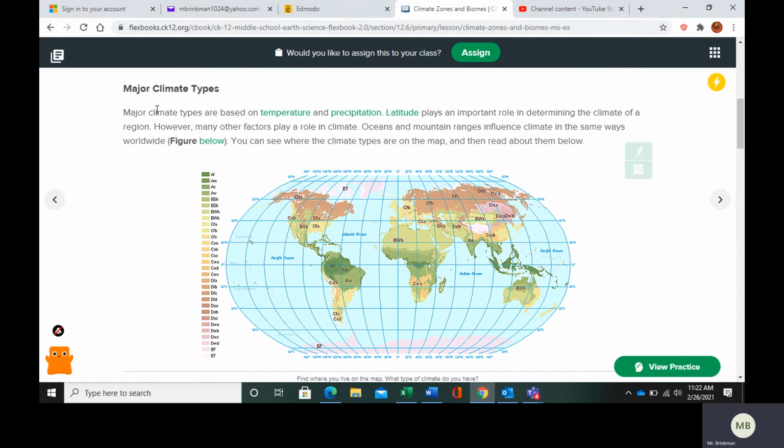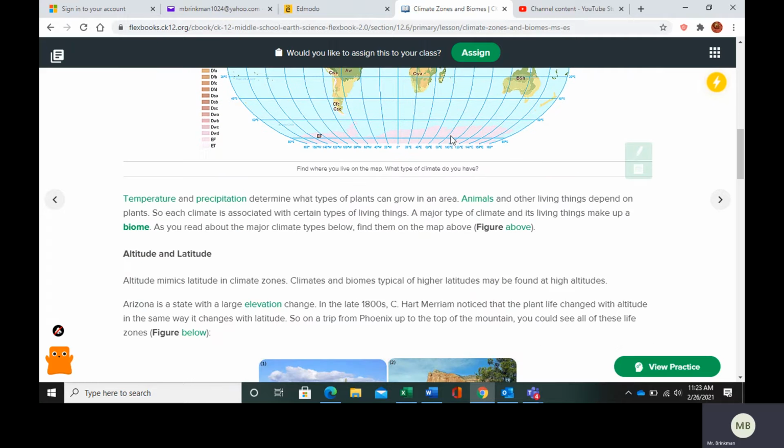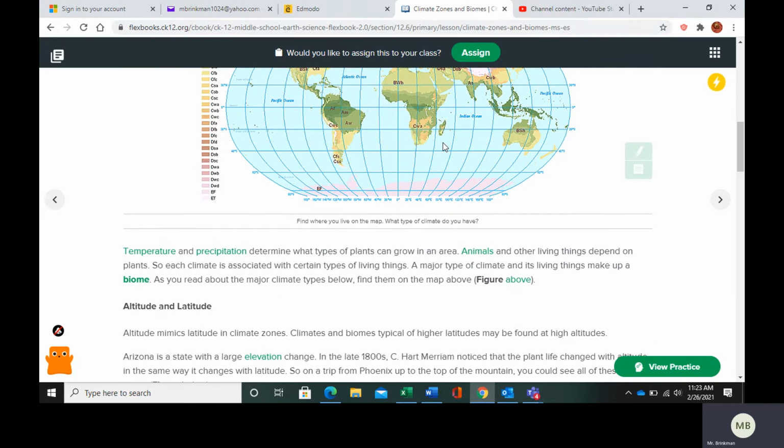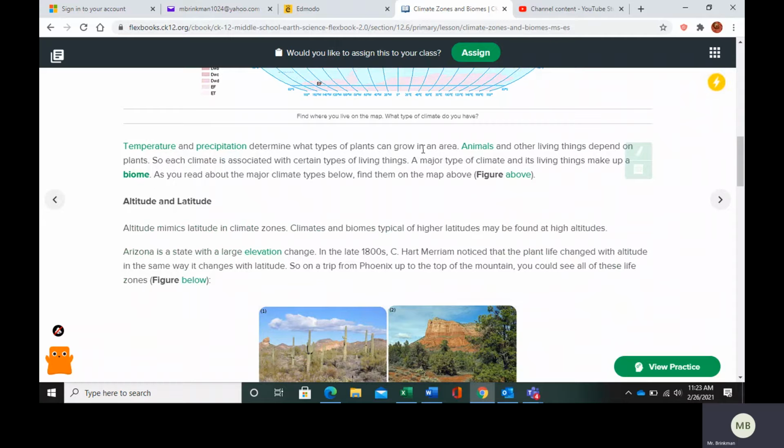So major climate types are going to be based on temperature and precipitation. There are also going to be other things that affect the climate, so latitude, or where it's located, north or south on the globe, oceans, mountain ranges. And then depending on the climate, there are going to be certain types of plants that can grow in an area, and then there are going to be animals and other living things that depend on those specific plants.